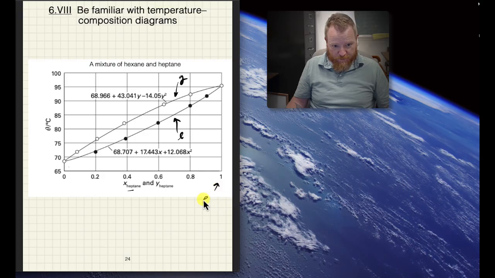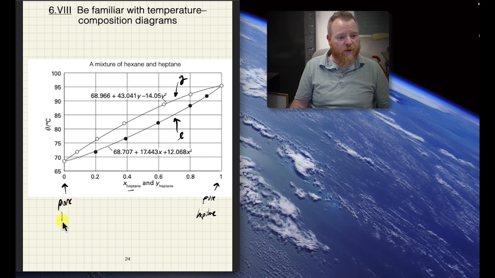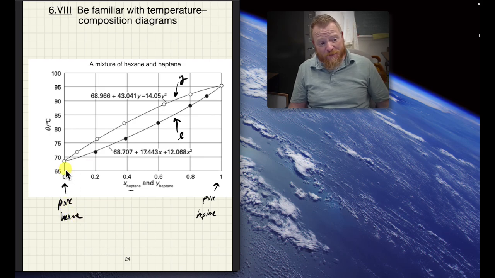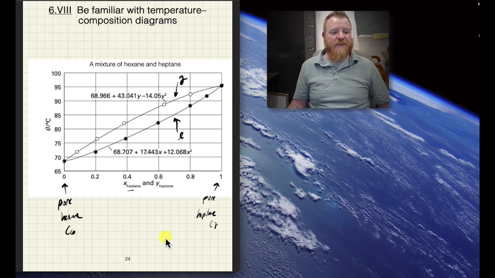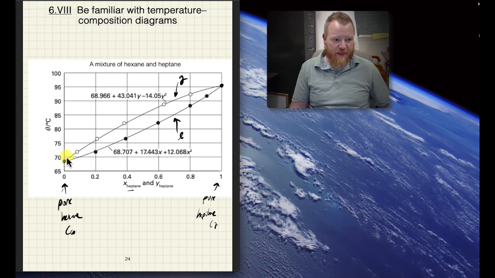So that is pure heptane. That would be pure hexane. So from this we can see hexane boils at a lower temperature than heptane, which makes good sense because this is a C6, this is a C7, so it makes perfect sense that it would boil at a slightly lower temperature, or pretty significantly lower temperature.